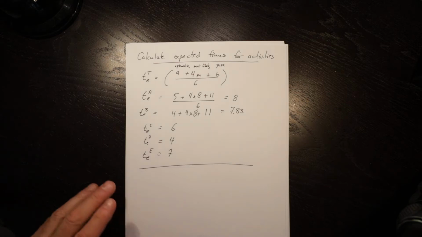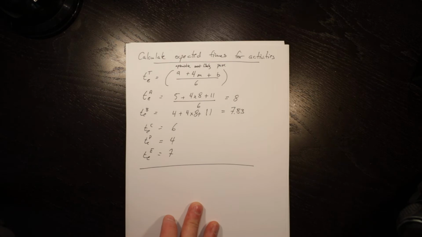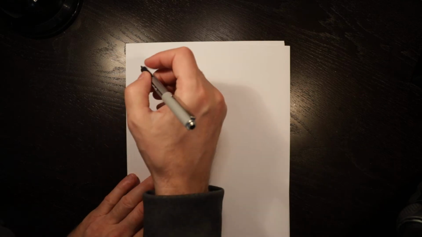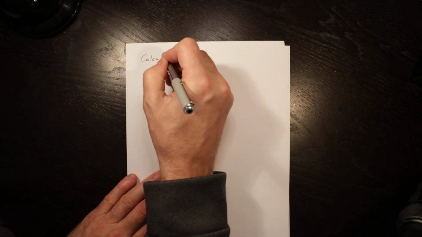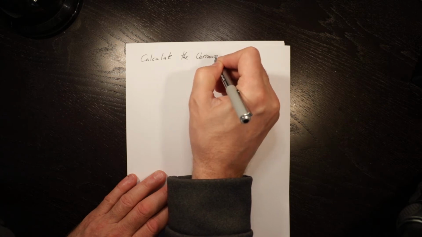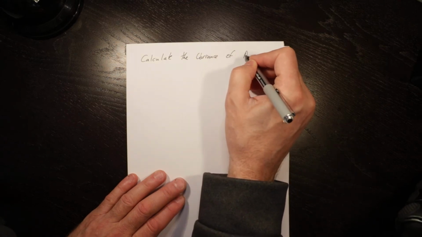Now we have variability, so the next thing we need to do is calculate the variance of activities.